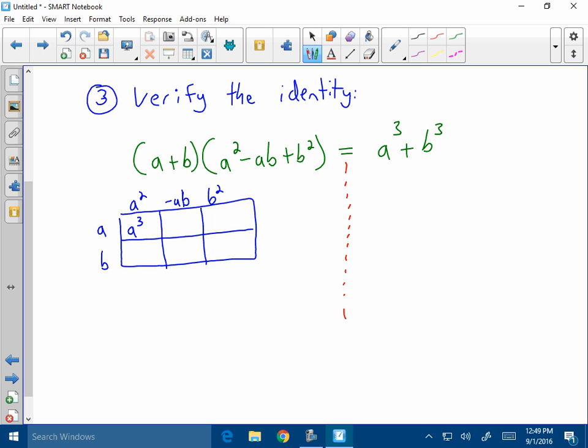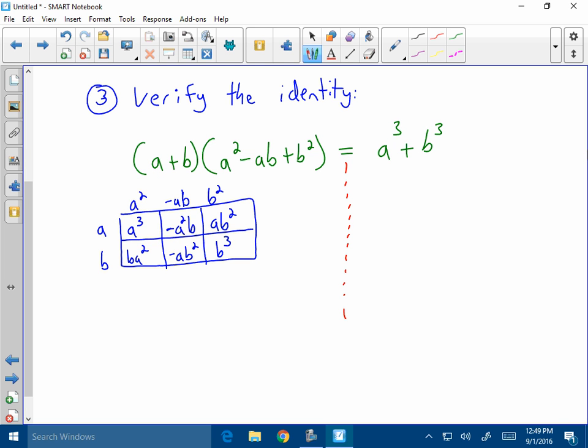A times negative ab is negative a squared b. And then a times b squared is ab squared. In my bottom row, b times a squared is ba squared. B times negative ab is negative ab squared. B times b squared is b to the third.